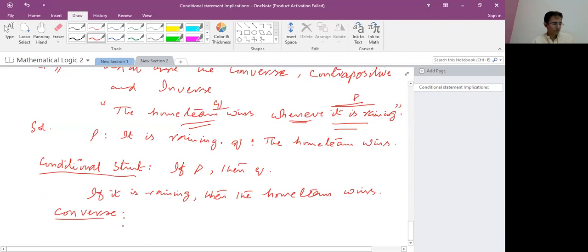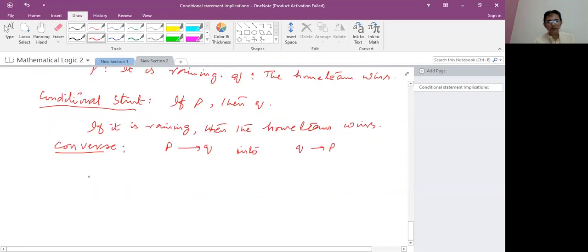According to the definition, converse: P implies Q will be converted into Q implies P. It means when we consider the second statement first, the home team wins, then it is raining.